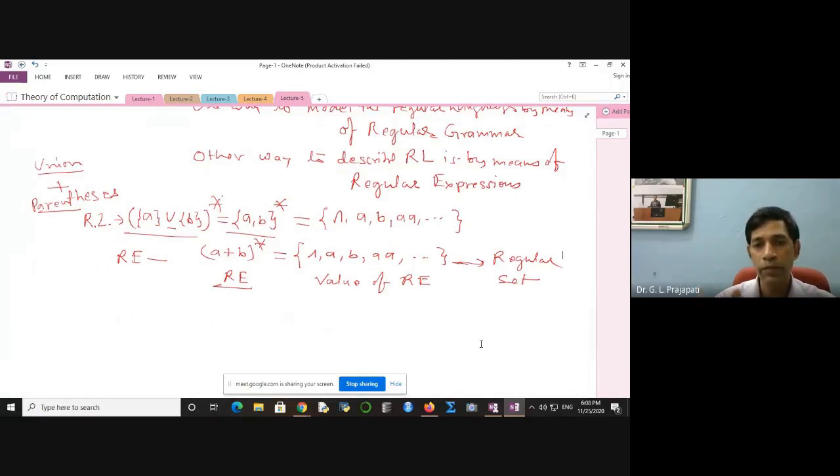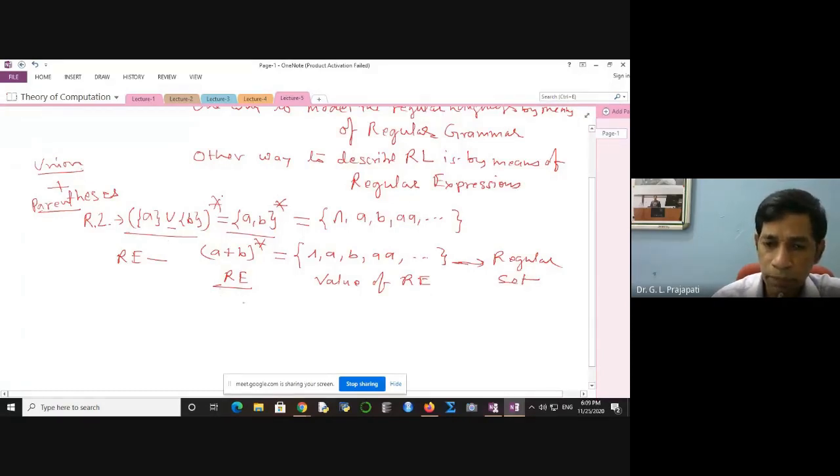Just like the regular language denotes a set of strings, the value of a regular expression also denotes a set of strings. So this is what we get when you use the parenthesis and the plus sign, and this is the corresponding regular expression.